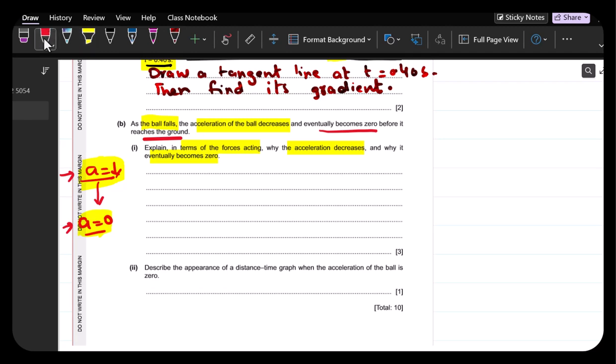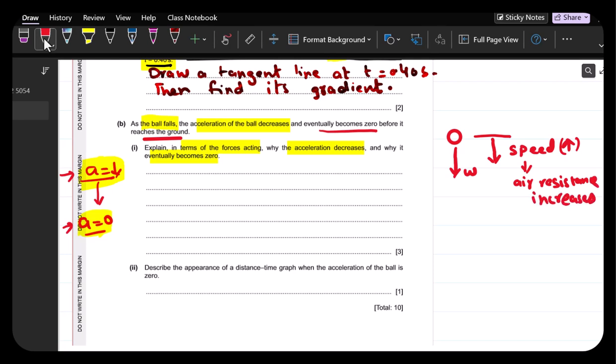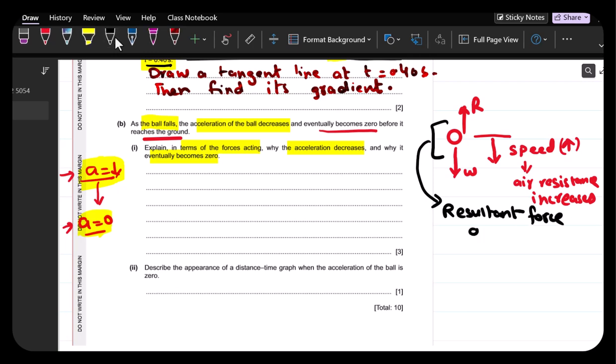So remember, the ball is here. The ball has some weight which is acting downwards. When I drop the ball from here, its speed increases. When speed is increasing, air resistance increases. Air resistance is acting in the opposite direction, so your resultant force decreases.